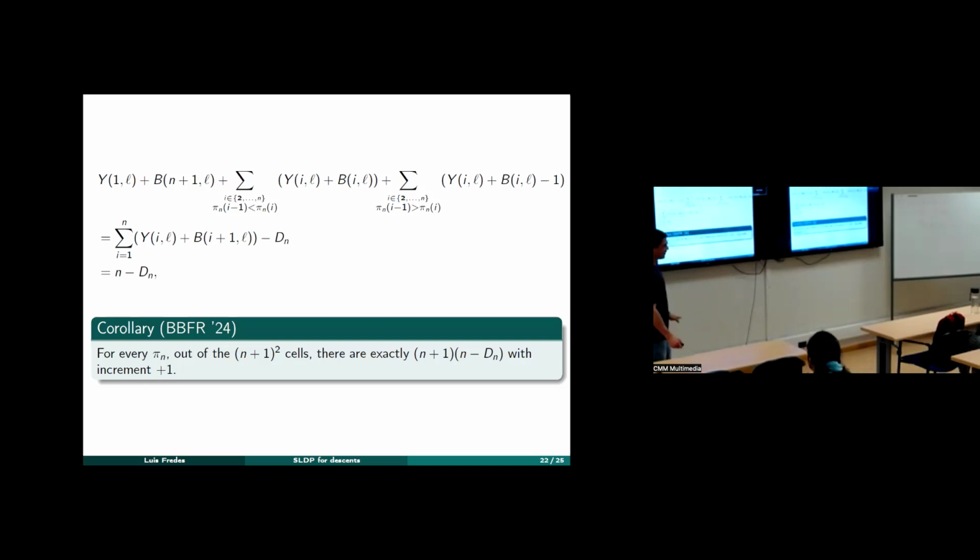So when I have this, what I can do is rearrange the terms, and this -1 appears just when in the position there is a descent. So this one counts the number of descents. I isolate that term, and the other ones will give me the yellow ones to the left of a point and the blue ones to the right of a point.